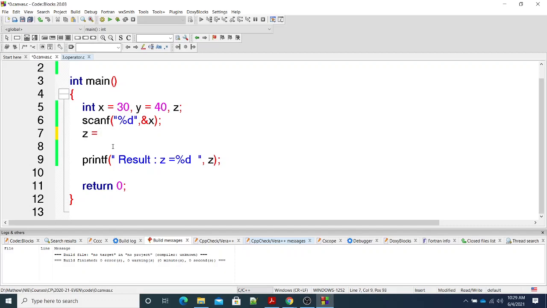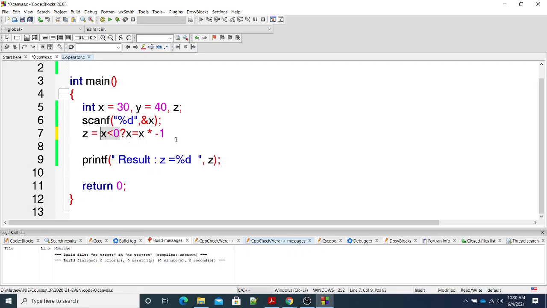So X is the number. I check X less than 0. That is my condition. And if that is true, what will I do? X equal to, how do you find the absolute value? X into minus 1. X is equal to X into minus 1. That means if this is true, X is a negative number. We are considering only integers. X less than 0 means it's a negative number.